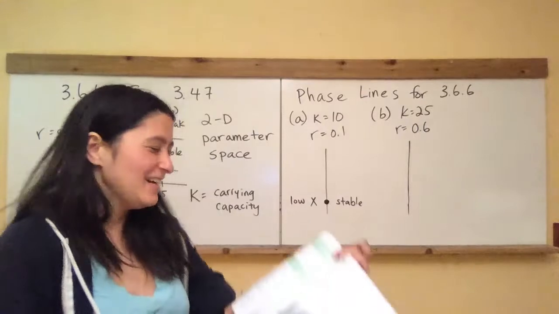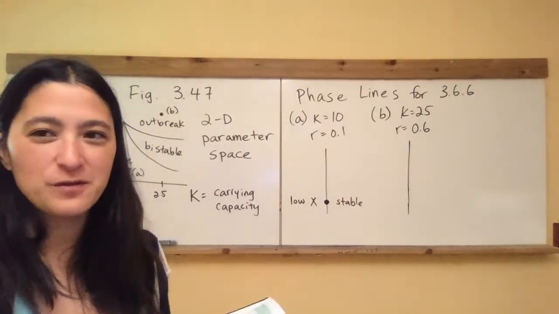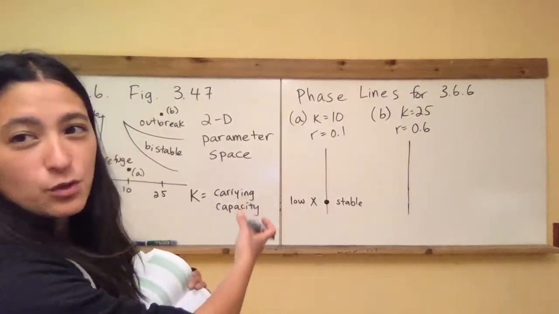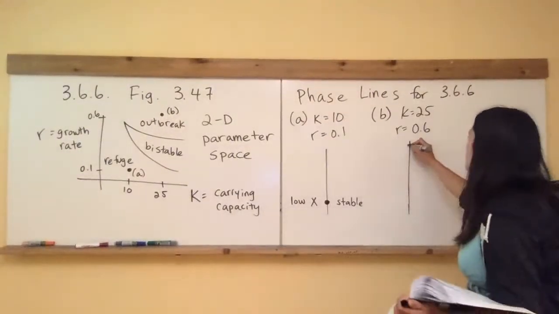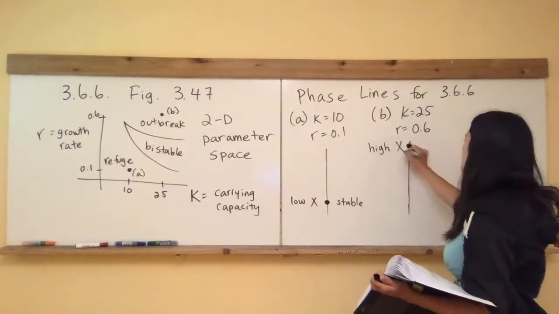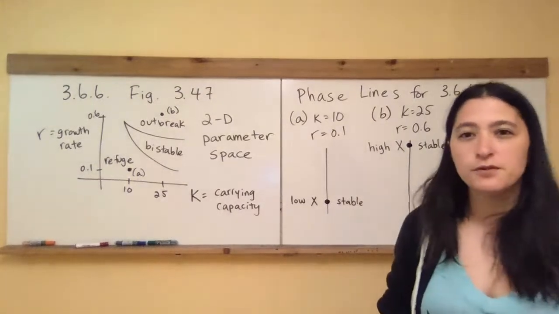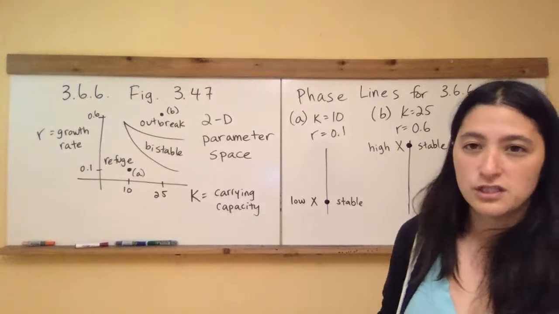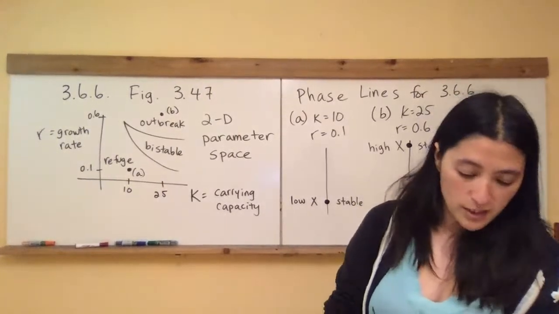That's funny. So what do you think the phase line is going to look like to play along with that part of it? When I was in refuge only, I just had the one low X. Now when I'm in outbreak only, I just have one fixed point, and that's a high X. And it's still stable. Once again, if you click on my video where I'm providing that link to a Desmos activity, you can just enter in these values for K and R, and you'll see the situation.